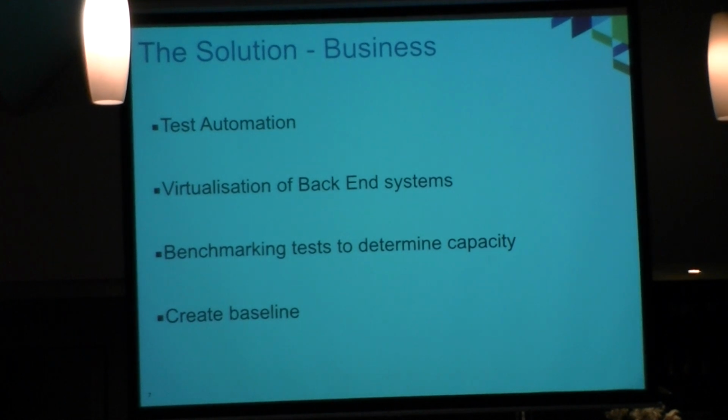So, solutions. Test automation: for us to do any performance testing, to get started, we introduce some unit level tests for the services. Those are checkpoints, verification points that we need to put in place.